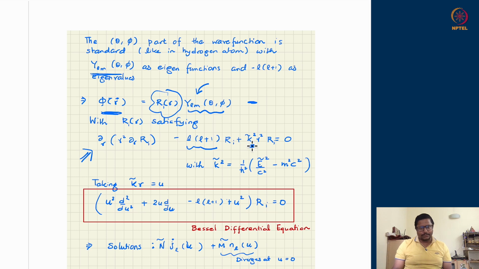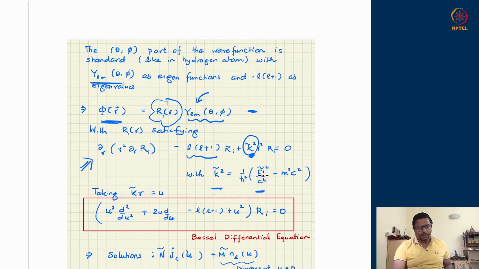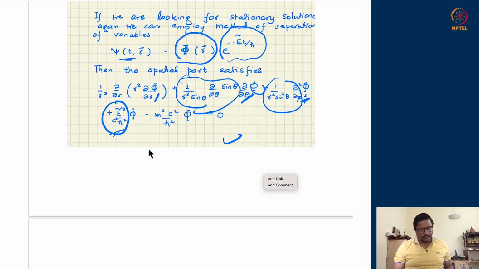The k squared, which used to appear previously, had an E minus V structure, if you recall, in the ordinary Schrodinger equation. This time we are talking about a relativistic version, so energy will also appear on the same footing as the other momentum components. They will also appear with a square. So the k tilde squared will be E tilde squared minus m squared c squared. So you can see I have just clubbed these two things as k tilde squared and these two things as l into l plus 1 times the radial part.